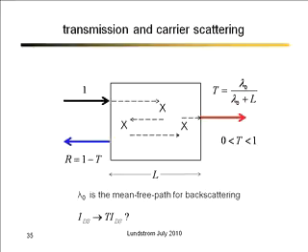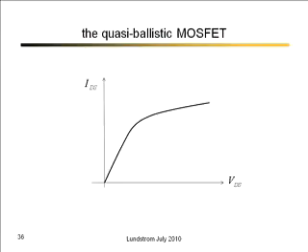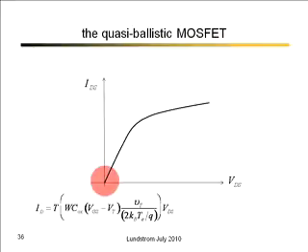Okay, so it seems that all we have to do is to take our ballistic expressions and multiply them by T, and we will find out how the device operates in the presence of scattering. Actually that's true under low drain bias. It's a little more complicated under high drain bias, so let's do low drain bias at first.